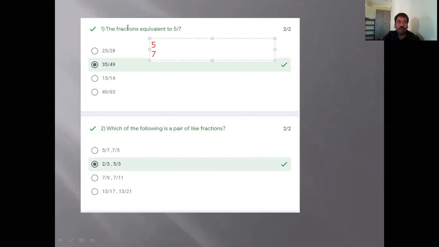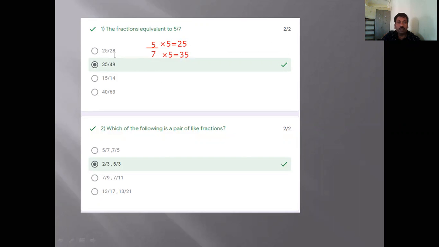When we multiply 5 by 5, we get 25, and when we multiply 7 by 5, we get 35. But here is 25 by 28 and here it is 25 by 35.